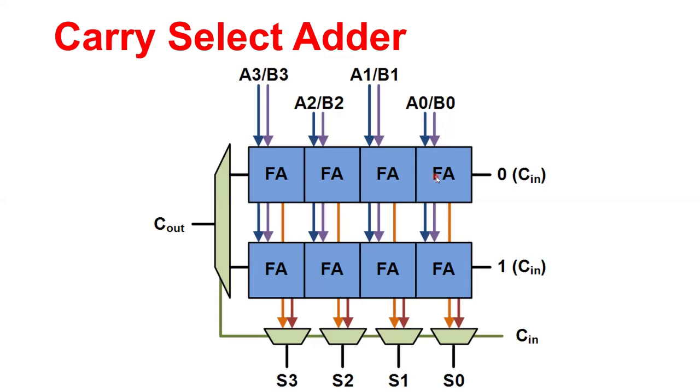So again, the initial carry C in is equal to 0, but let's say intermediately, between the blocks, a bitwise addition, let's say A2 and B2, is done and the carry gets generated right over here, then C in is equal to 1 here. This is also the select line right over here.